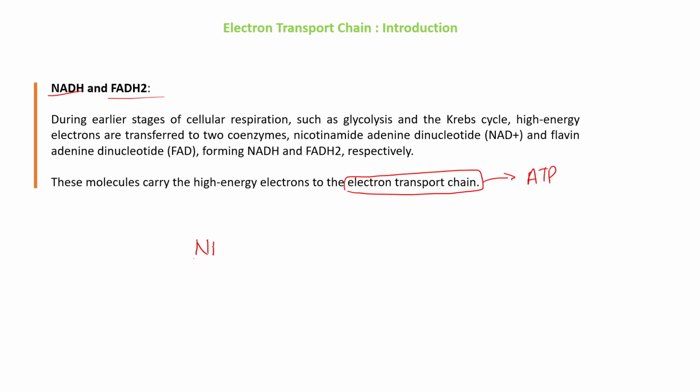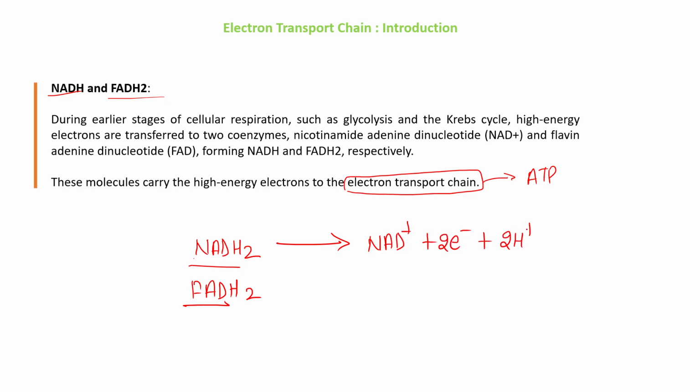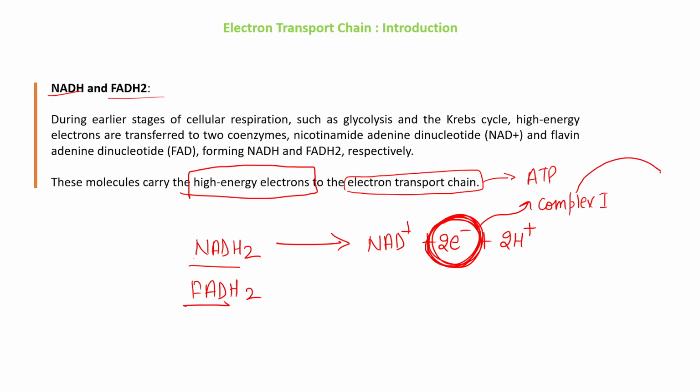For example, this is the NADH2 molecule and this is your FADH2 molecule. NADH2 gives you NAD plus 2 electrons and 2 protons, right? These 2 electrons are very important, because they are the high energy electrons moving into complex 1 and being transferred from complex 1 to complex 4.